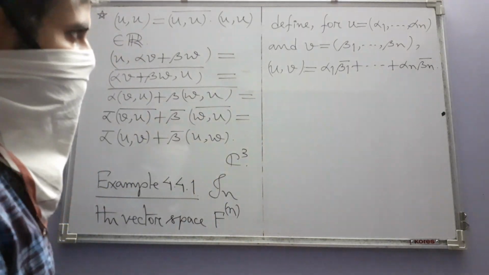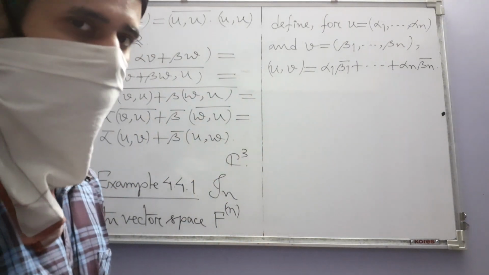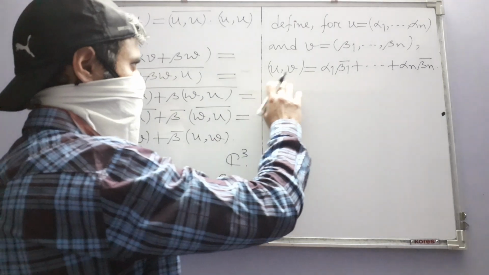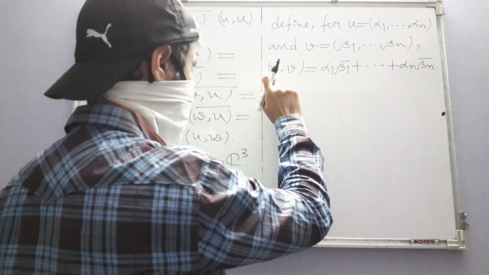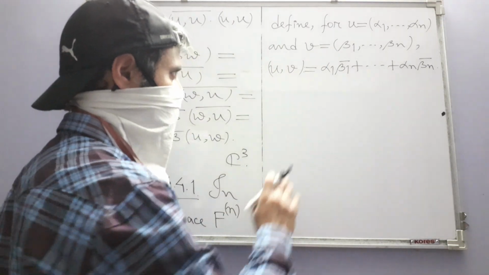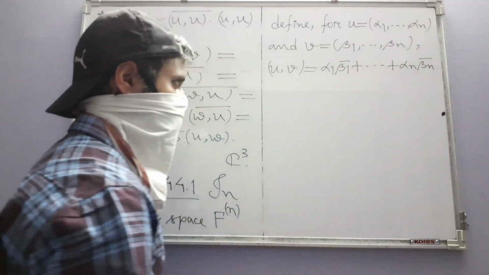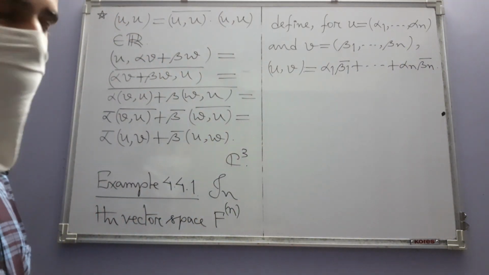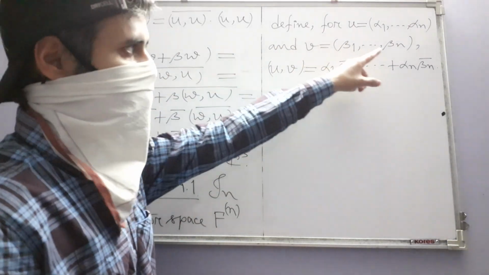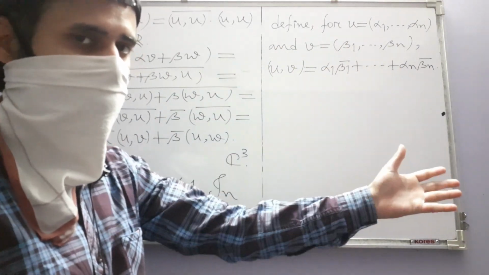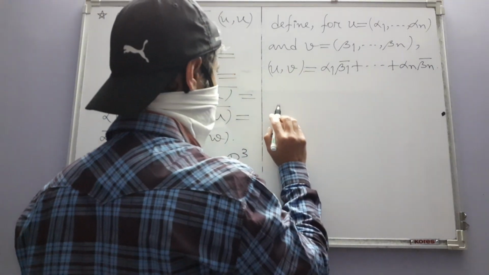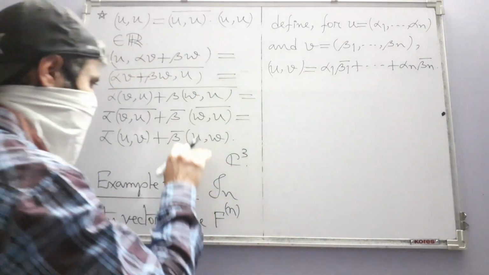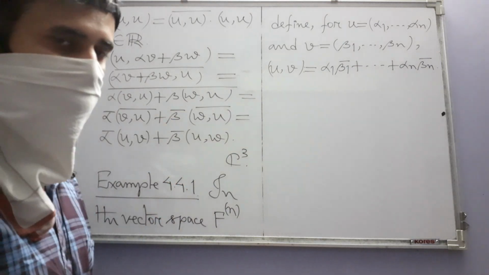So let us now try to verify that this is an inner product. First of all, the function has the form of an inner product function. It takes two vectors as input and it gives out a complex number as output, because these alphas and betas, these components, are in general complex numbers. Fine. So then we have to just simply verify those three properties.